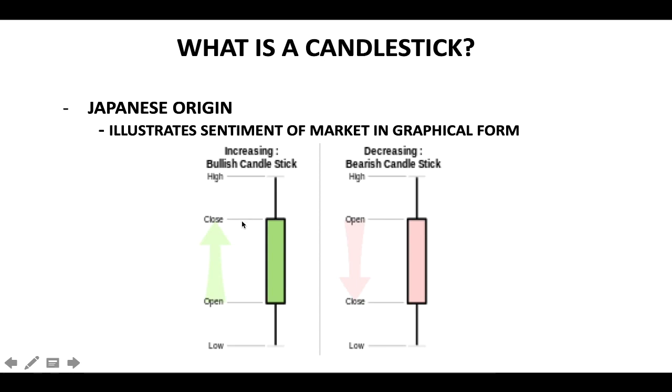For a bullish candlestick, the close is always above the open. In this example, the market opened, the bears tried to take control and brought it down to the candle's low. The bulls took control and took it all the way up to the high, which saw some rejection and resistance by the bears, and eventually closed the candle at this point.